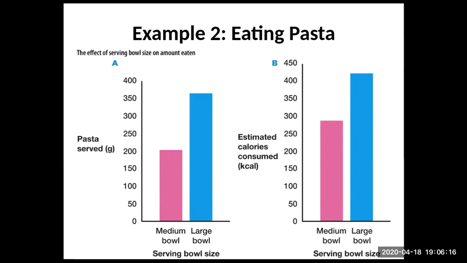Those who had a medium bowl ended up taking less pasta, and it looks like they ended up eating less pasta. So in this case, the medium bowl, it looks like on average consumed about 275 calories of pasta, and those with the large bowl consumed about 400 calories, maybe a little more, of pasta.